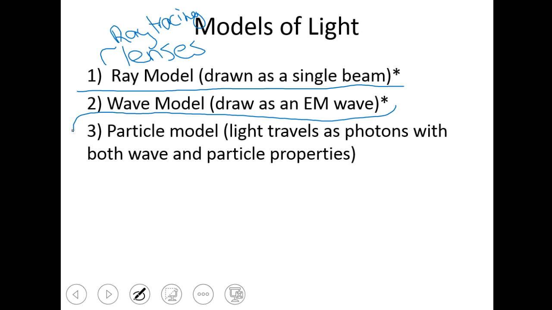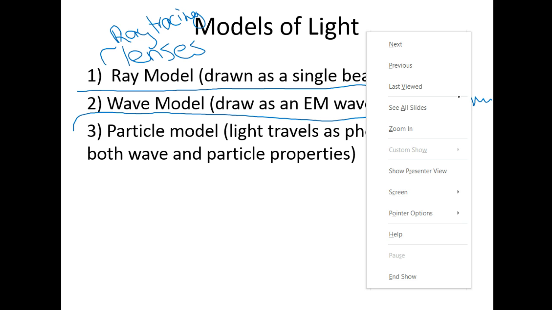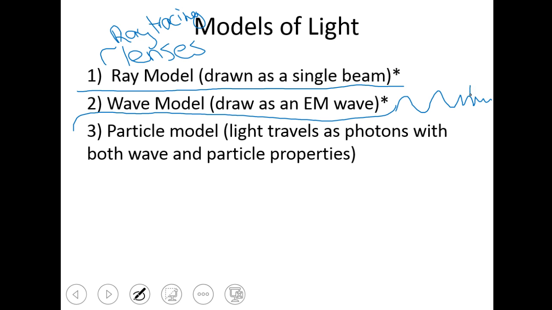We touched on this at the beginning of class when we talked about the electromagnetic spectrum in our first lab, and how it's basically just a bunch of waves that go from very long wavelengths like radio waves and microwaves to very small wavelengths like X-rays and gamma rays, with visible light right in the middle of that spectrum.